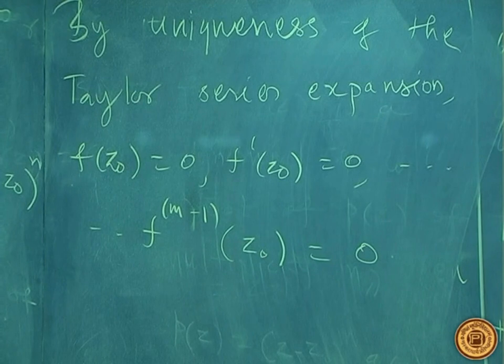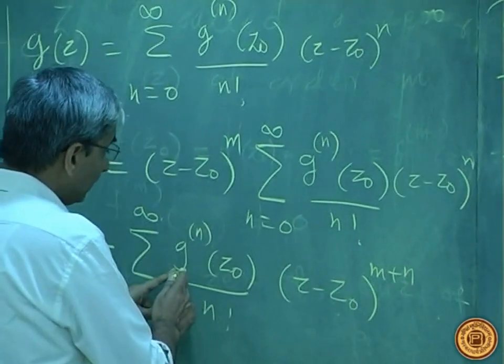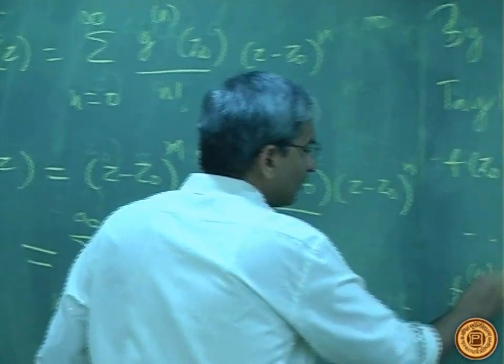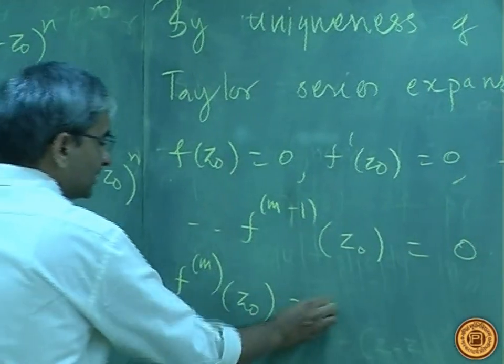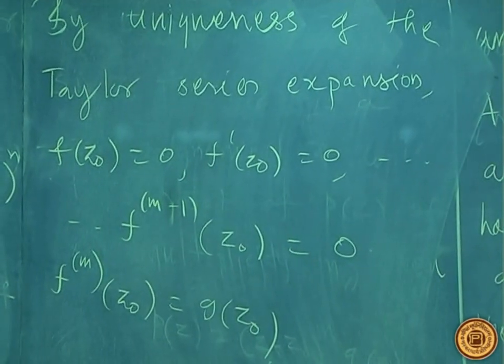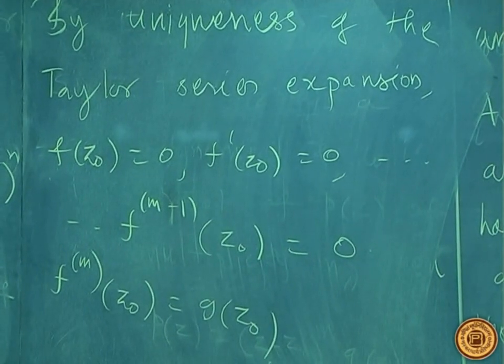But what is the mth derivative? That is the coefficient of (z minus z0) raised to m. But that means n equal to 0. That means what? g(z0). And the mth derivative at z0 is g(z0). But it is given to us that g(z0) is not equal to 0. So the mth derivative is not equal to 0.